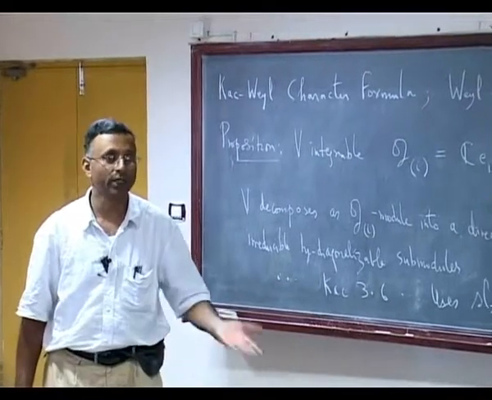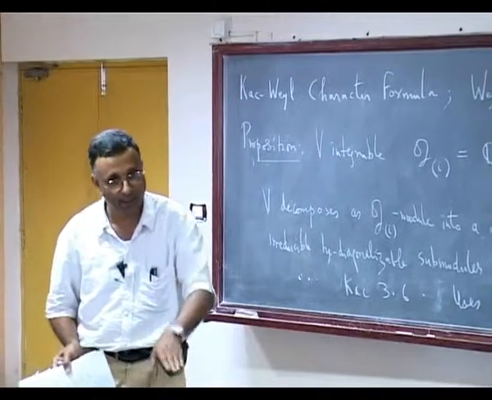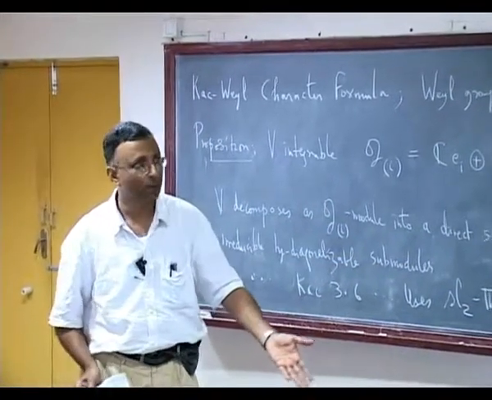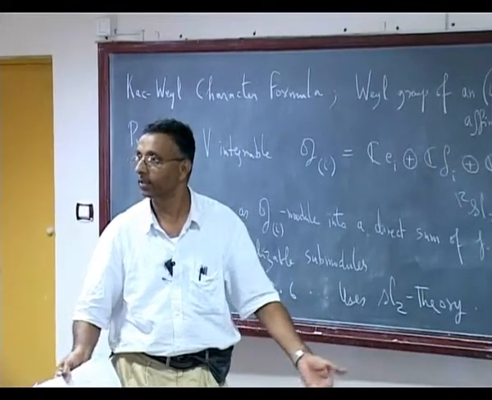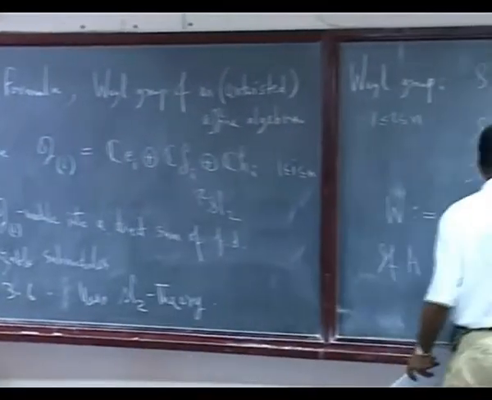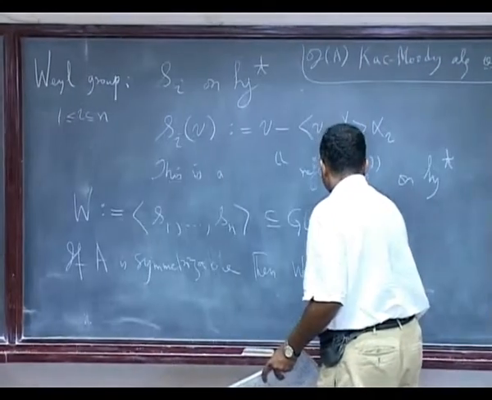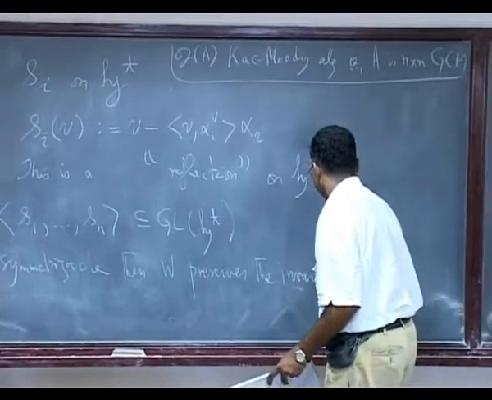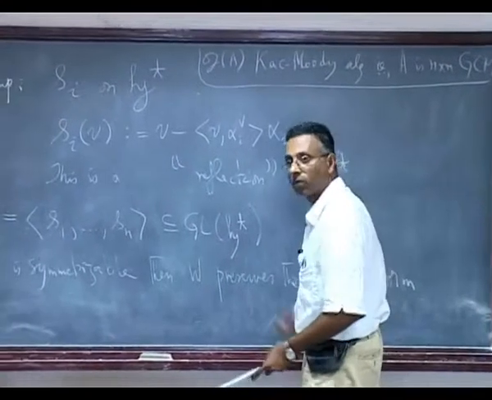So what should it naturally do here? It should preserve the invariant form, provided the invariant form exists. So the observation is, assume A is symmetrizable, in which case the invariant form exists, and then check in that case that the Weyl group indeed preserves that form. If A is symmetrizable, then W preserves the standard invariant form.